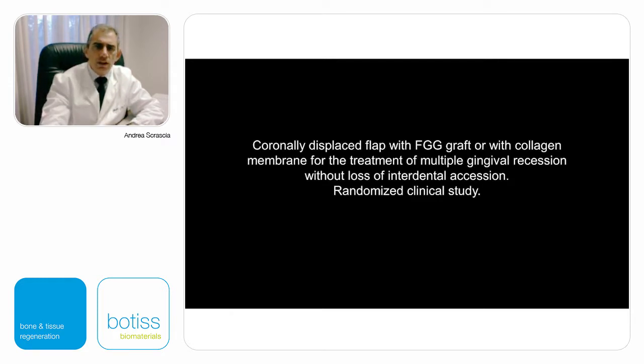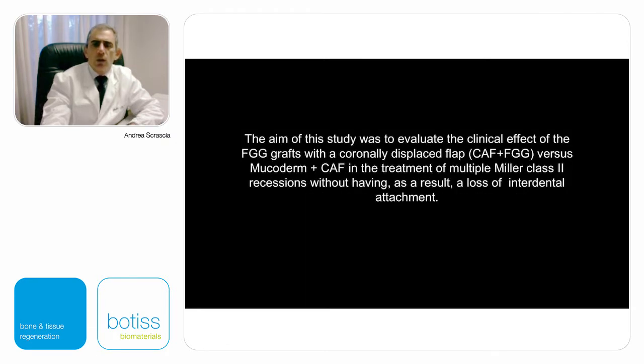The aim of this study was to evaluate the clinical effect of the free gingival graft with a coronally advanced flap versus Mucoderm with the same technique in treatment of multiple Miller class 2 recessions without having, as a result, a loss of interdental attachment.